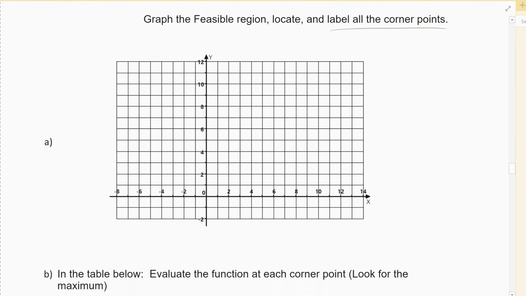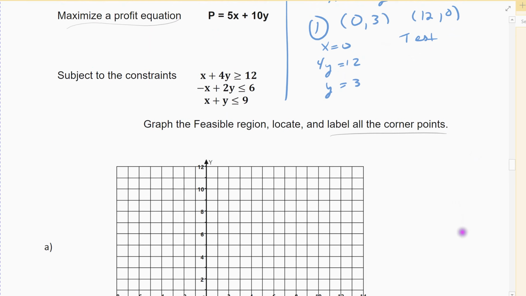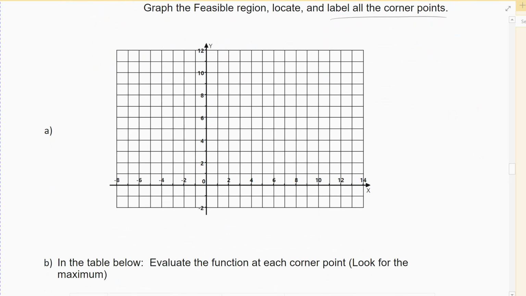Again, I'll try using a straight edge for these. I've forgotten what my points are already: 0, 3, and 12, 0. So 0, 3 puts me here, and 12, 0 puts me there. I wish I had a straight edge, but I don't.